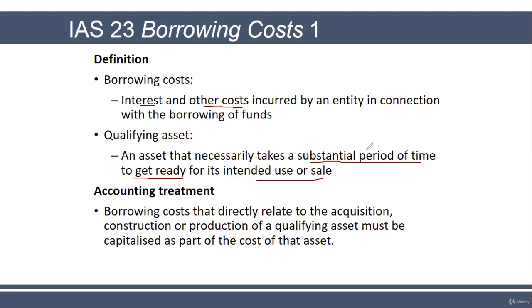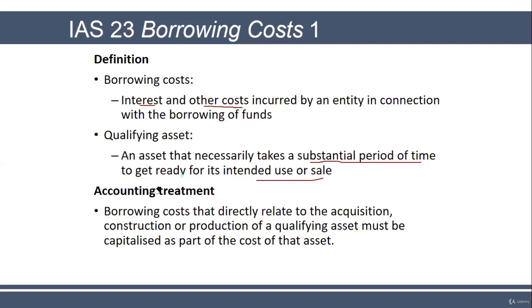So if you purchase a house, it is not taking a substantial period of time for completion. Okay, today you make a deal, tomorrow you move in. So the apartment which you purchase on credit, it is very common. People pay 10-20% advance and 80% they take a mortgage from the bank. That is not a qualifying asset.